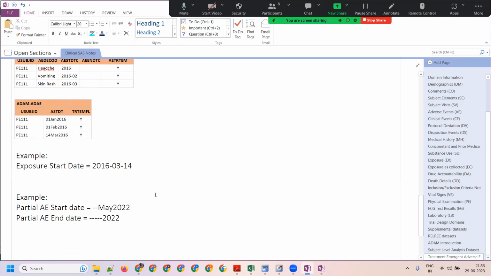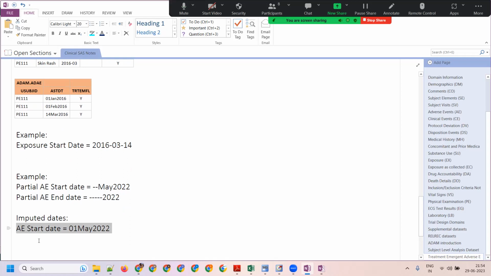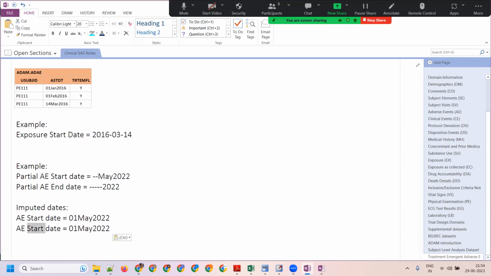According to our rule, what is going to happen? What are the imputed dates? The imputed AE start date is 1st May 2022. The AE end date is 1st Jan 2022. Anything wrong there?